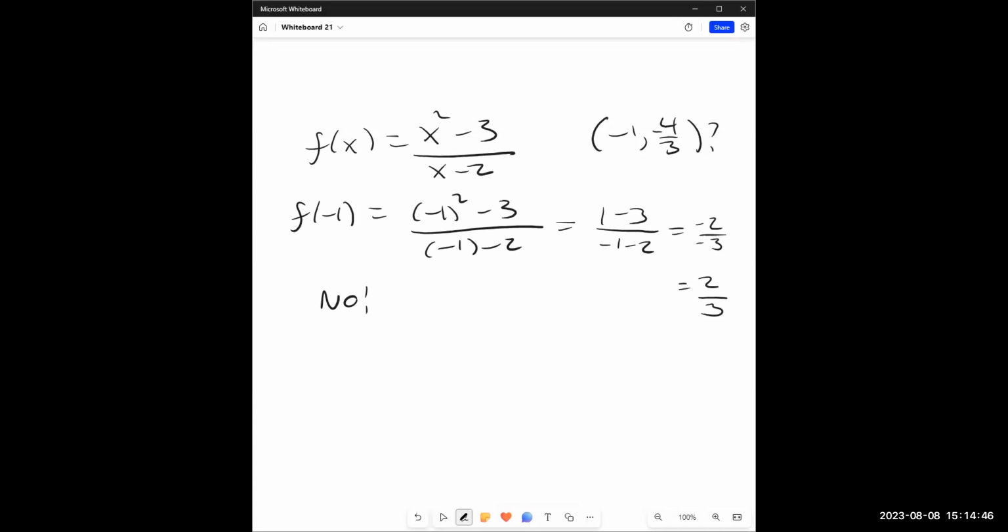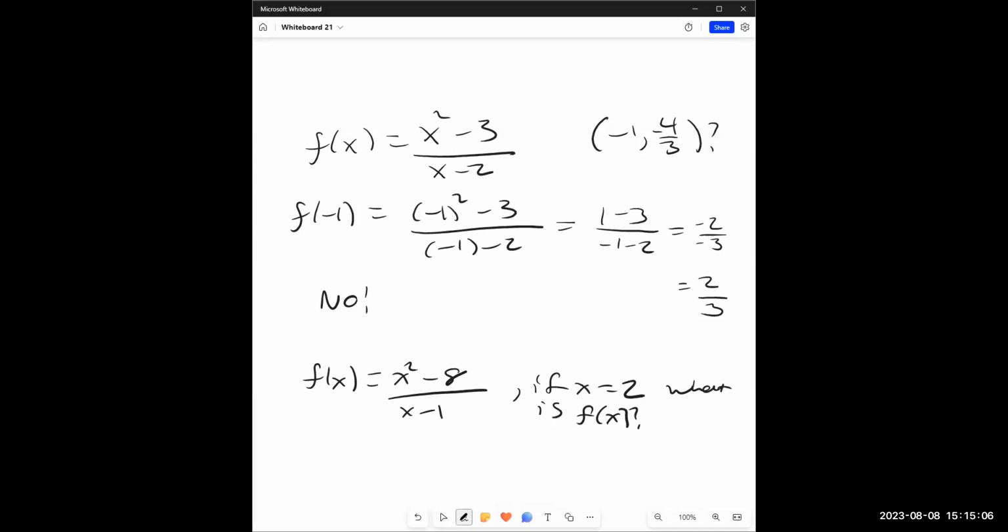And we want to ask, if f of x is equal to x squared minus 8 over x minus 1, and if x equals 2, what is f of x?